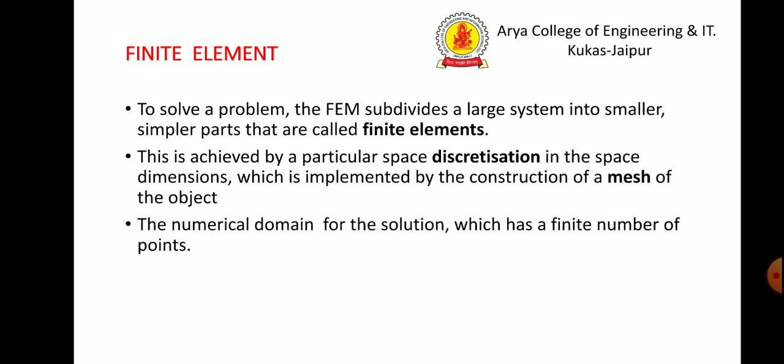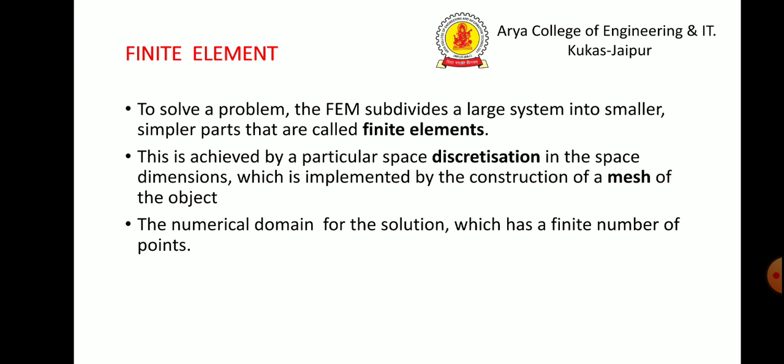To solve a problem, the finite element method subdivides a large system into smaller, simpler parts that are called finite elements. Means any object is converted into small parts, or finite parts, known as finite elements.